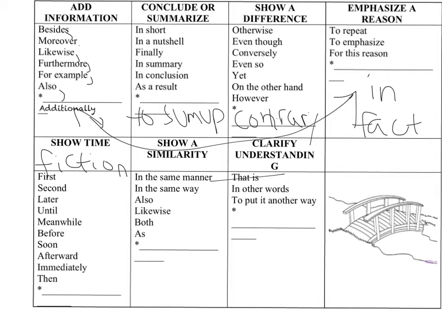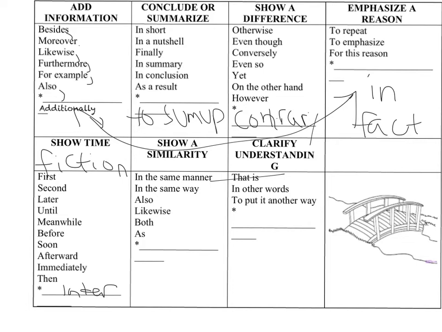And you can go ahead and add later. That's the last one for that section, like later that day, later I went to the store, basically showing kind of a span of time.